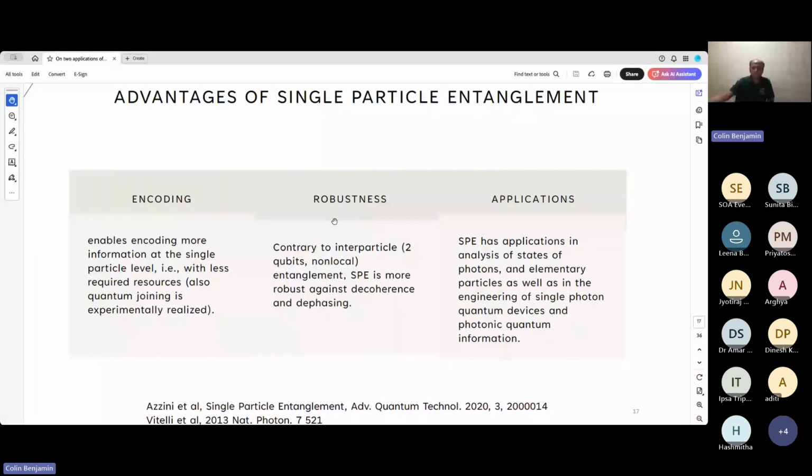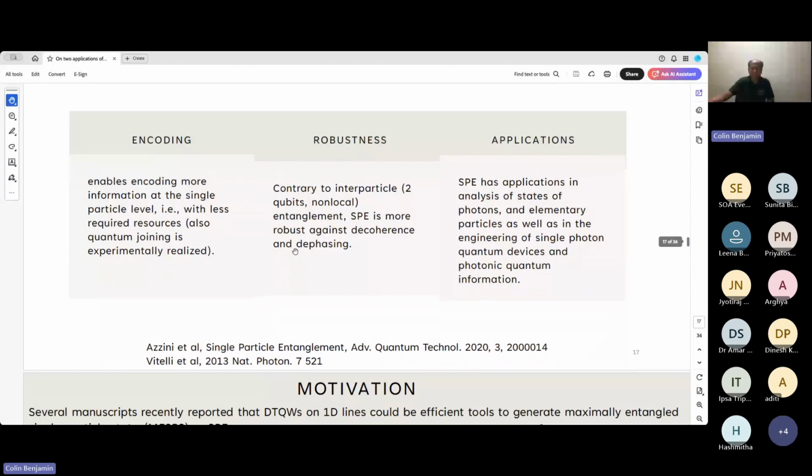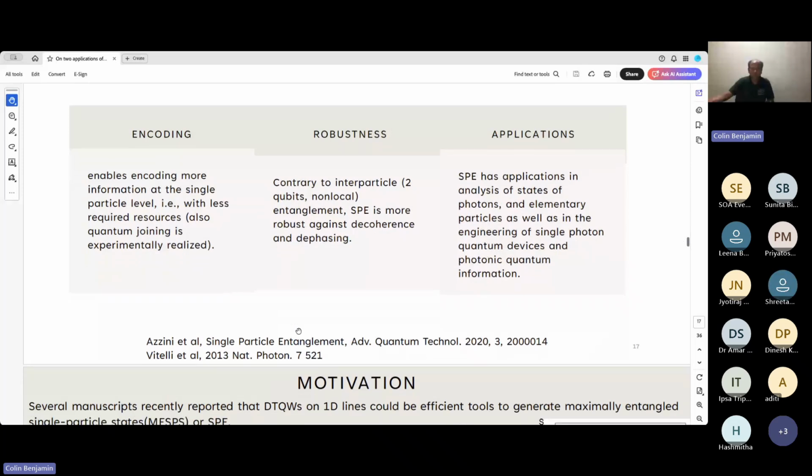So single particle entanglement has applications in analysis of states of photons, and then in engineering single photon quantum devices and photonic quantum information. And as we'll see in our works, we have both cryptographic protocols as well as entanglement-based protocols, which are based on single particle entanglement. And if you want to read more, you can read these two review articles on that.